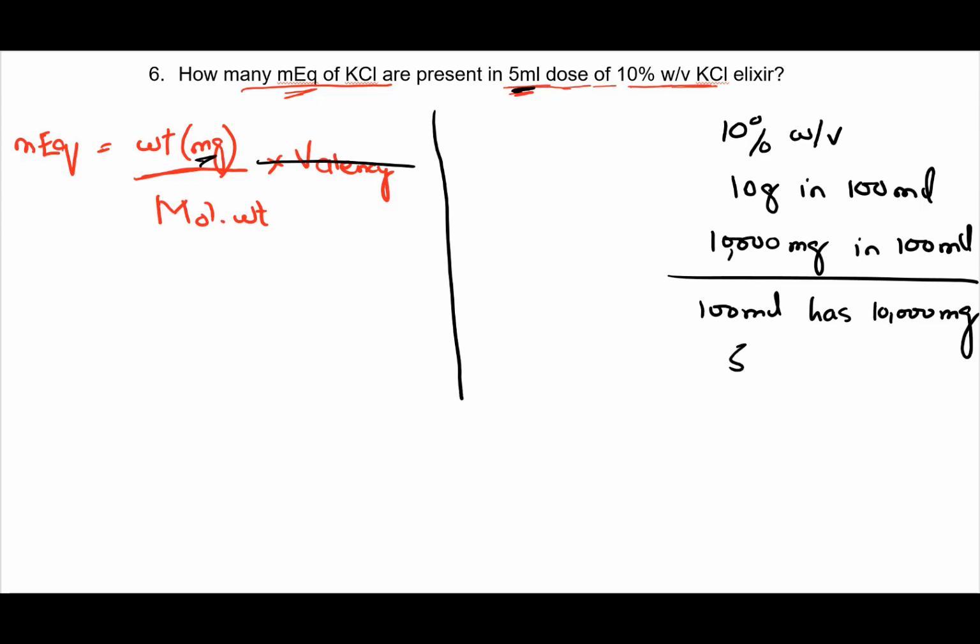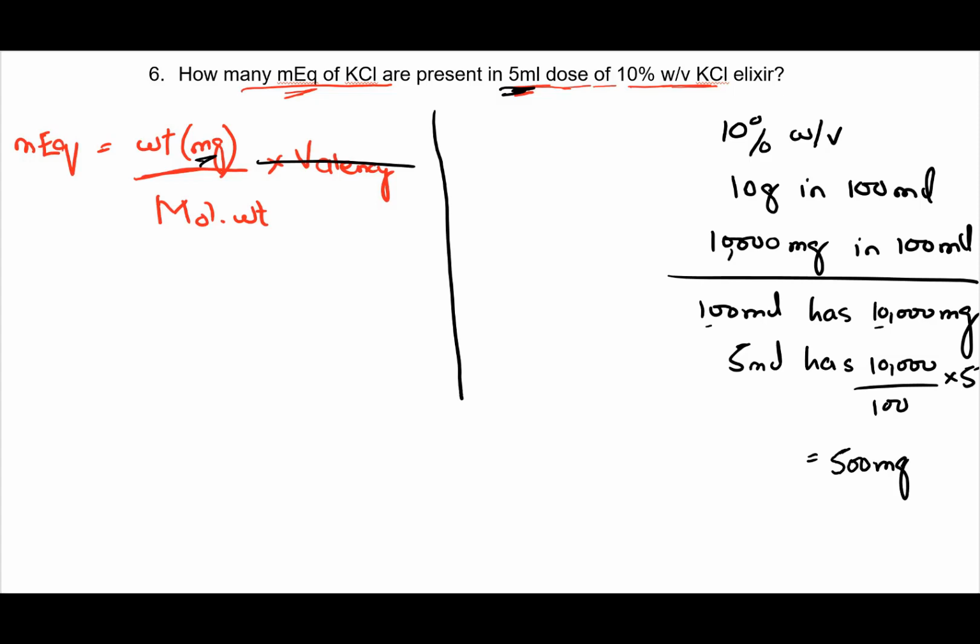So 5 mils will have, because I have to find out in 5 mils, now remember I'm trying to find out the milligrams, so I put it on the right side, and it will be this divided by this, multiplied by 5.